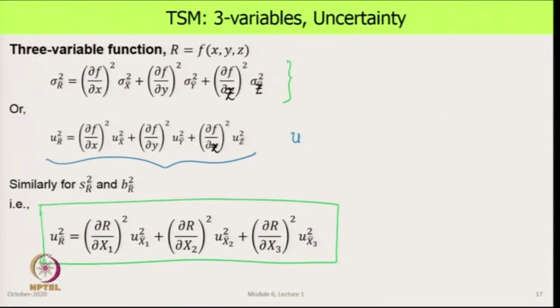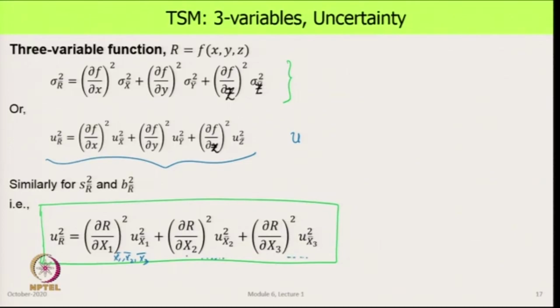u r bar square is del r by del x1 square, u x1 bar square. Now, this is evaluated at x1 bar, x2 bar, x3 bar. Same thing here, same thing here.